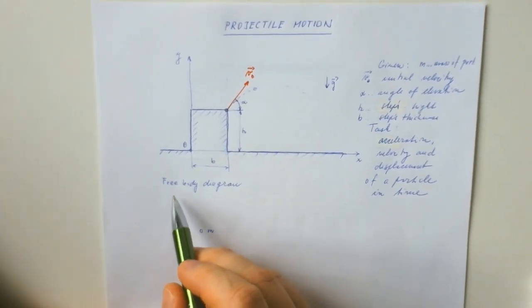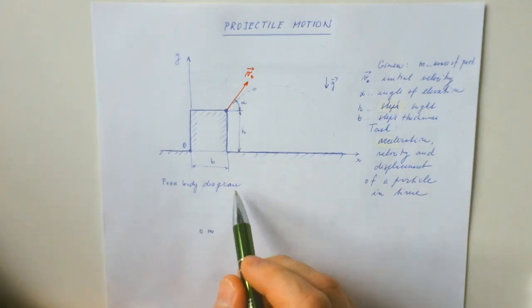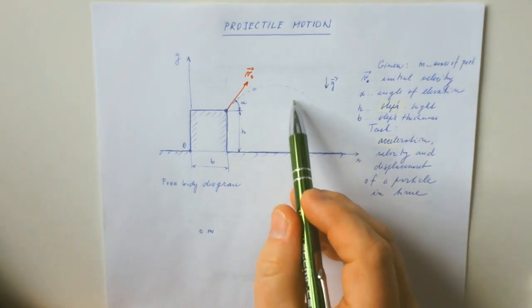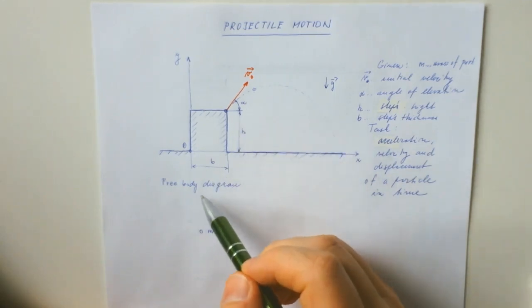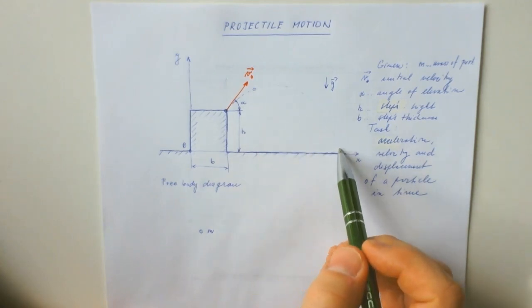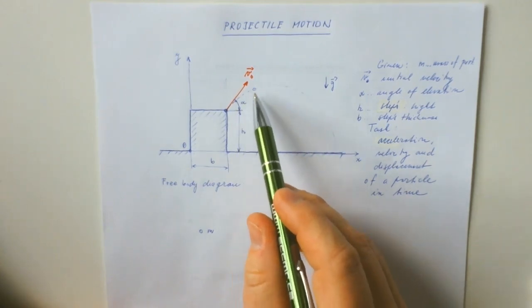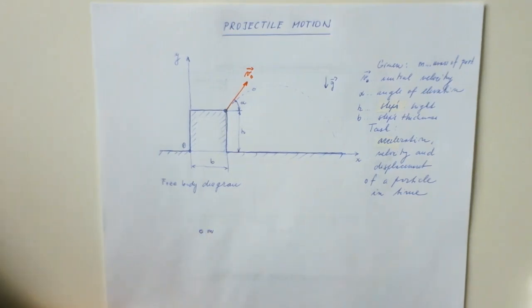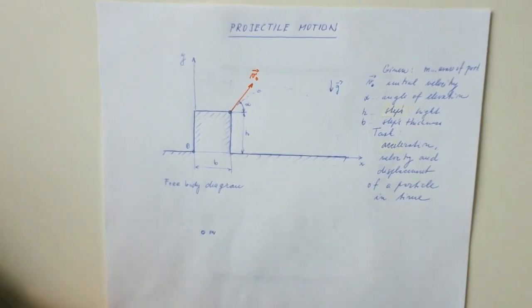Next, we need to draw a free body diagram. We expect the trajectory of the particle will be like this. For the free body diagram, we select a general position somewhere on the trajectory. So I draw particle m, and first I add the forces acting on this particle.